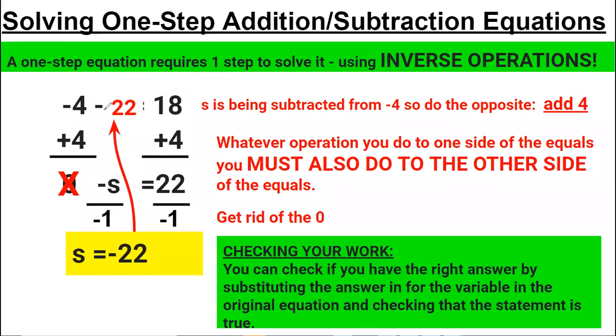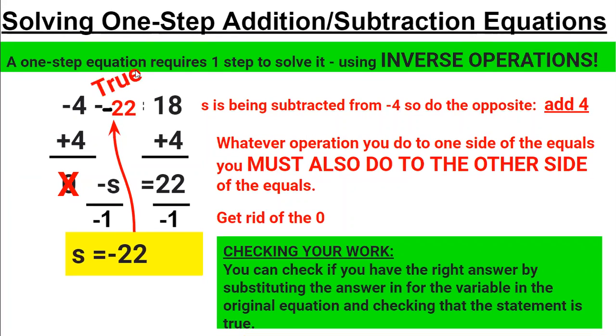Negative 22. So negative 4 minus a negative 22 is negative 4 plus 22, which equals 18. Okay, so the answer is true. Negative 4 plus 22 is 18. Positive 22, because it's two negatives, we'll make a positive.